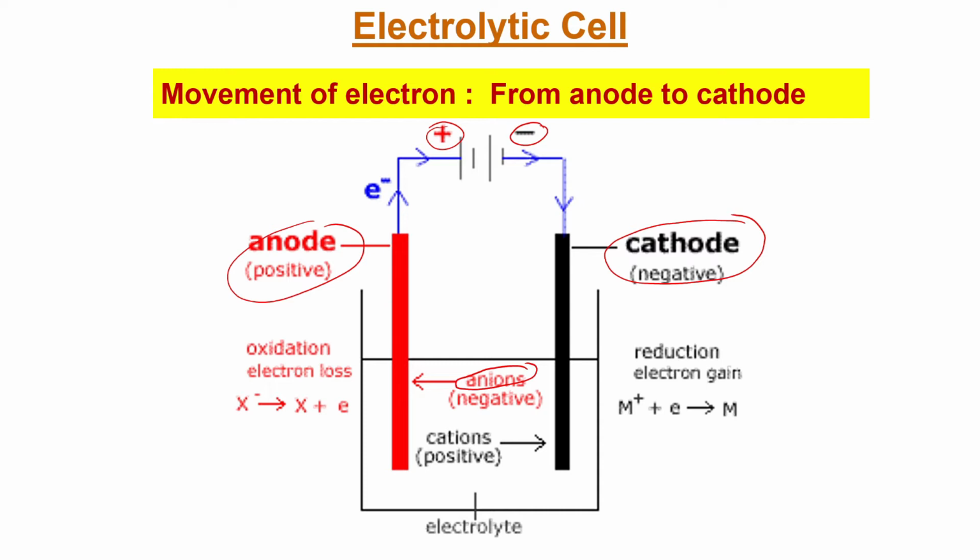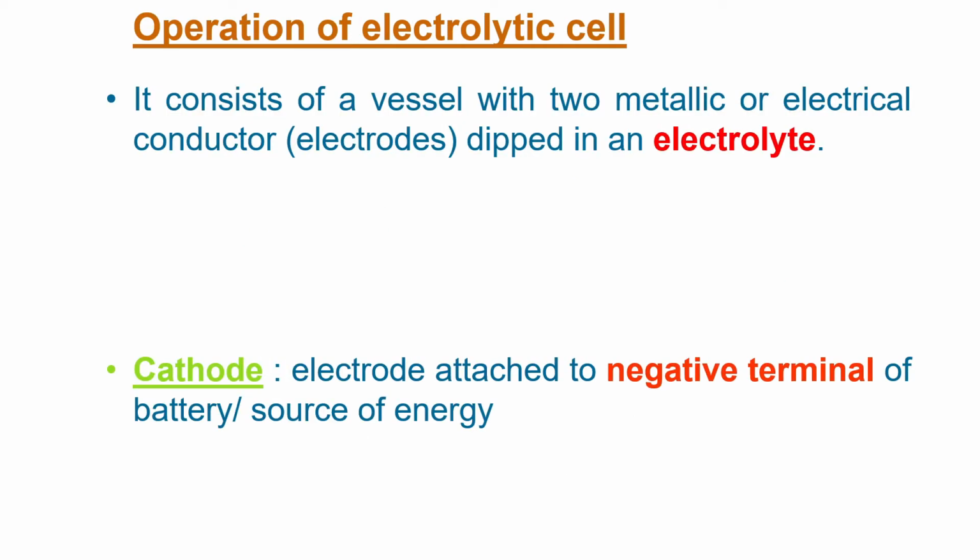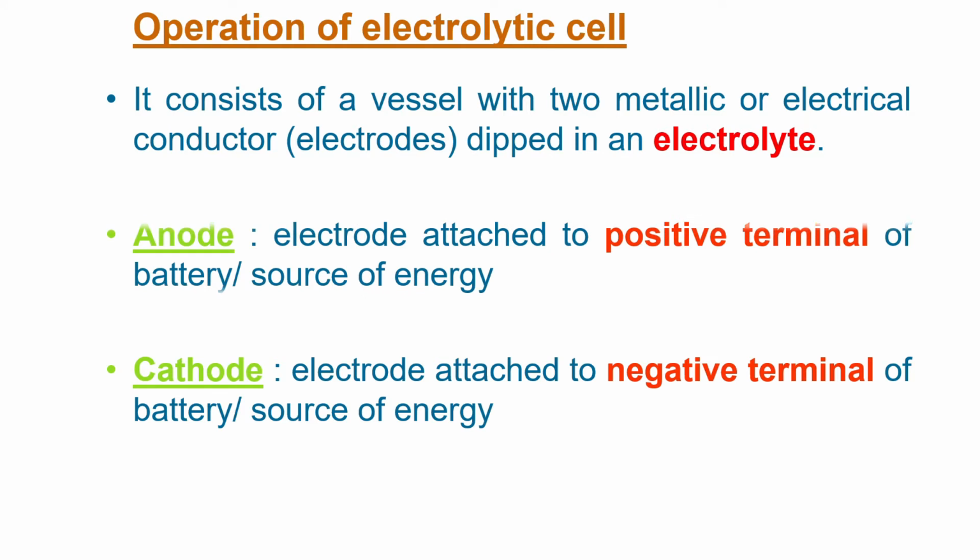So the process is still the same: An Ox, as we covered last time, meaning oxidation occurs at the anode. Okay, Red Cat, so reduction at the cathode. So we have one vessel with two electrodes immersed in the same electrolyte.